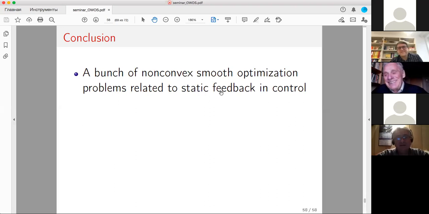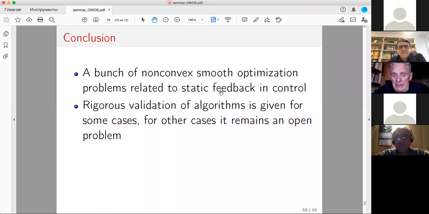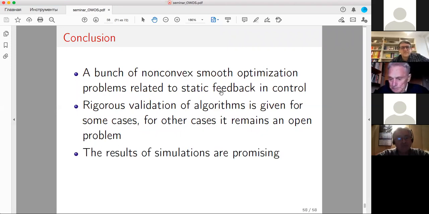Now I conclude. So you see there is a relatively new bunch of non-convex smooth optimization problems related to static feedback and control. In some cases, we can get rigorous validations of the algorithms, but there are other cases where it remains an open problem. But in all cases, the results of simulations are promising.